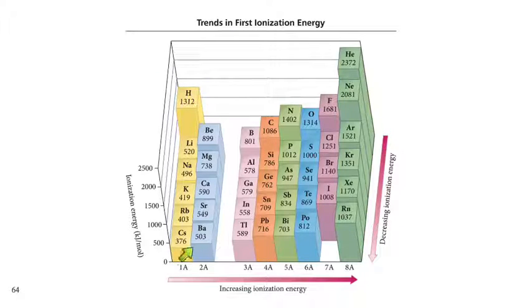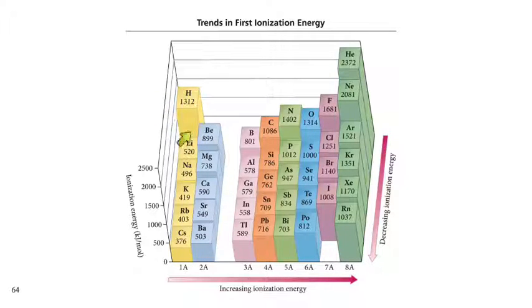Here's a graph showing actual numbers. Here's hydrogen. It has a really high first ionization energy, because that's like my friend with the one kid. Hydrogen only has one electron. It's going to take a lot of energy to get that one away from it.